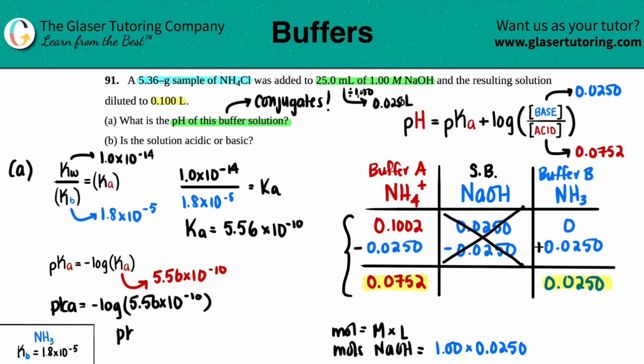And I can extend this out a little bit: 9.2549, maybe 255 we'll say. 9.255, that's good enough. And that's this number right over here.